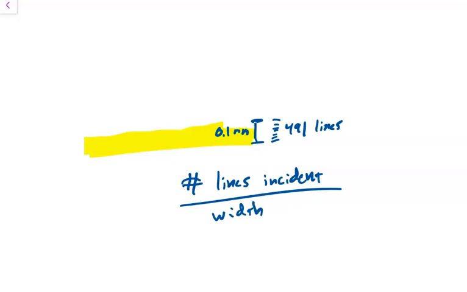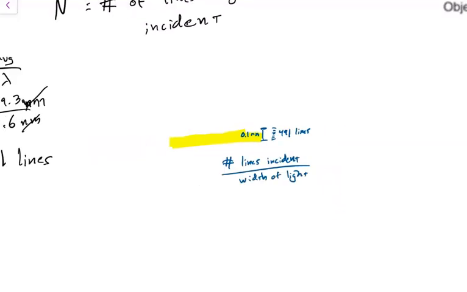Well, I just need to take my number of lines incident divided by the width of light. And so I get 491 divided by 0.1 millimeters.